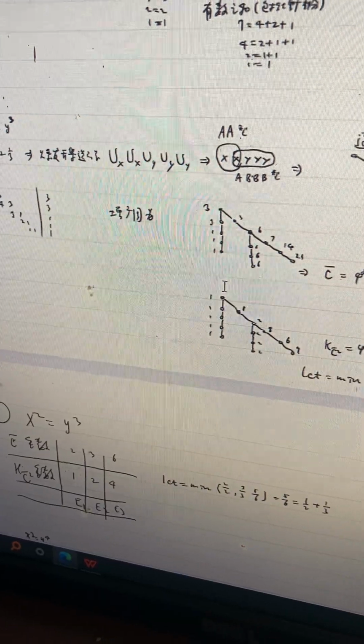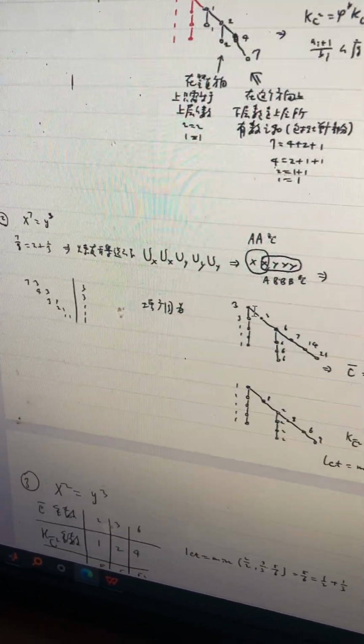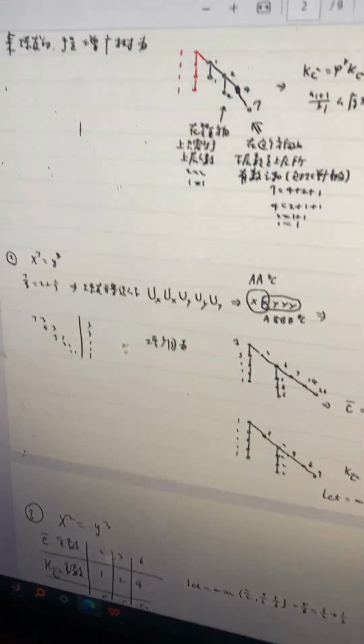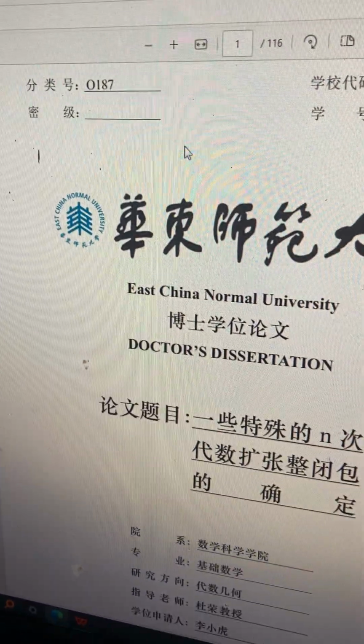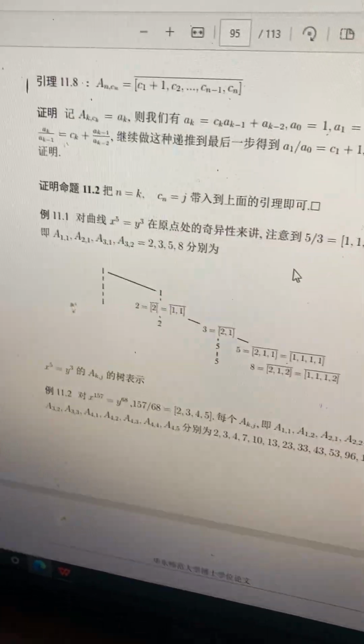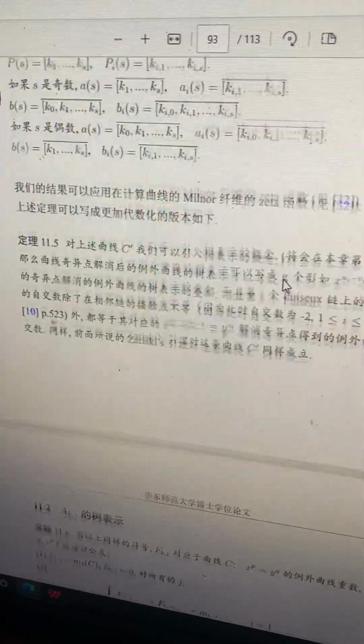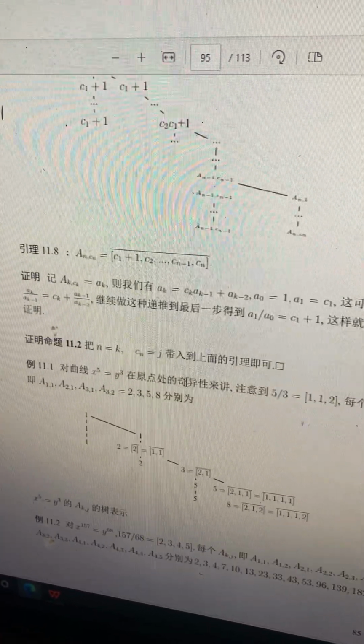Actually, I wrote a paper, because in my doctoral work I generated the conclusion, and I use the tree. Look at the tree.